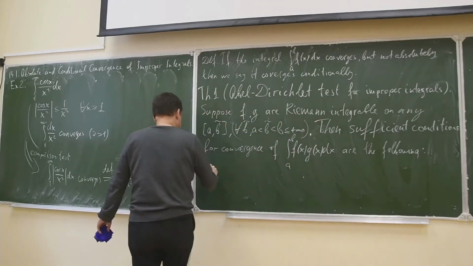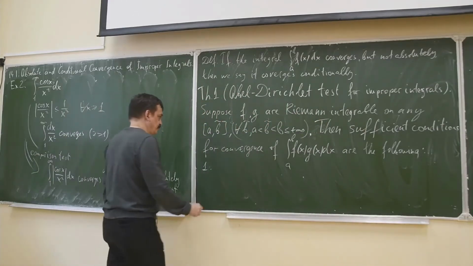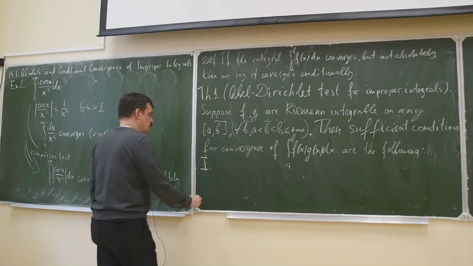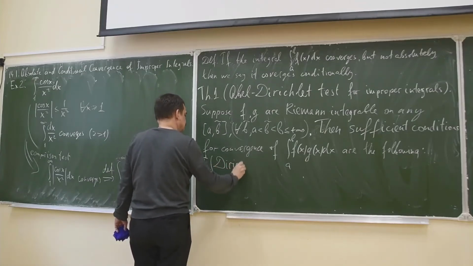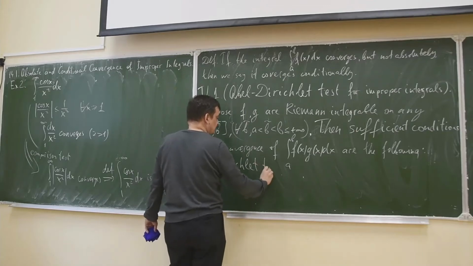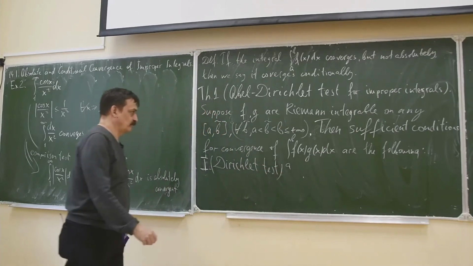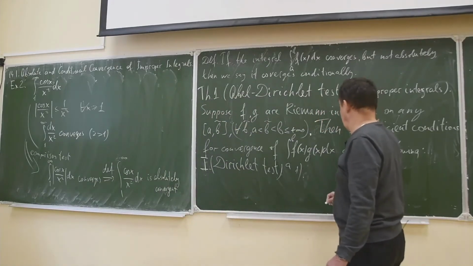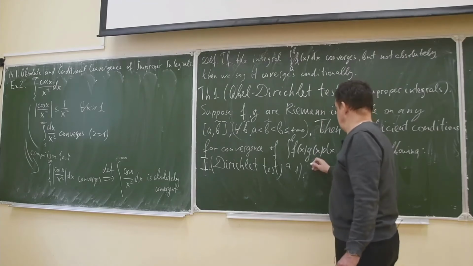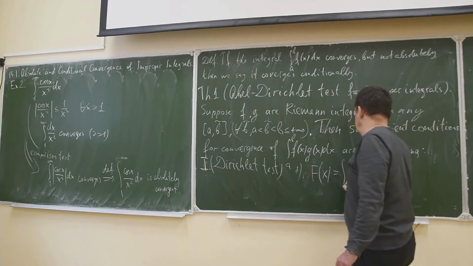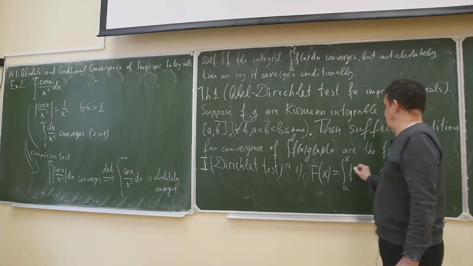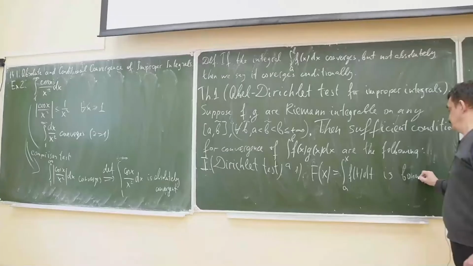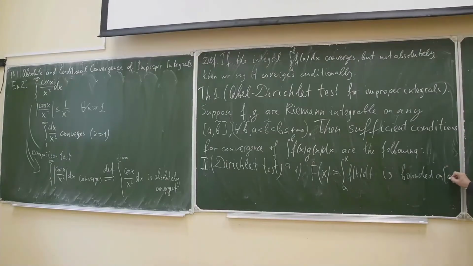The first one, let me start with Latin. First one, the Dirichlet test, as it is also called. It has two conditions. First, let capital F of x equal the integral from a to x of f(t) dt. It is bounded on [a, b).